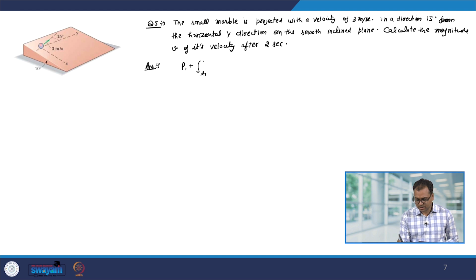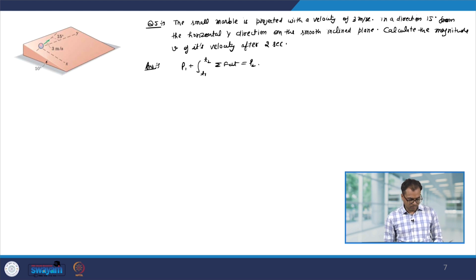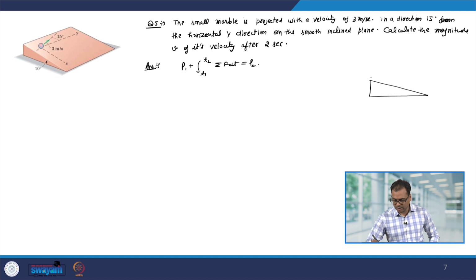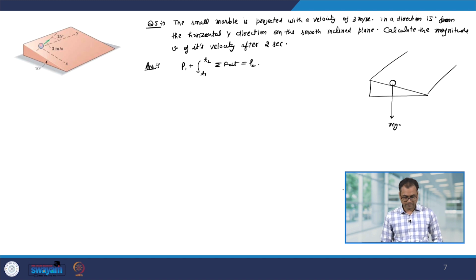which is P1 plus integral from T1 to T2 of f dt equal to P2. Let us look at the free body diagram of this. So, we have this inclination and we have this marble. Its weight is going to act downwards.